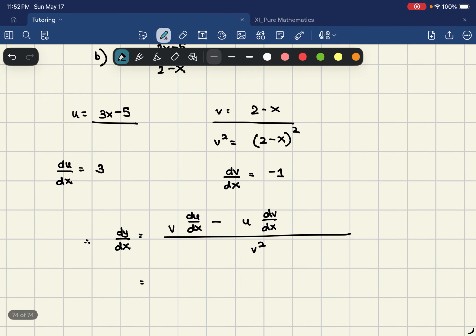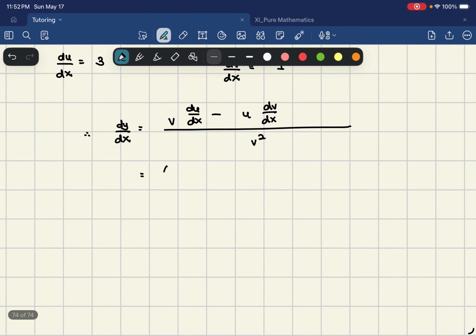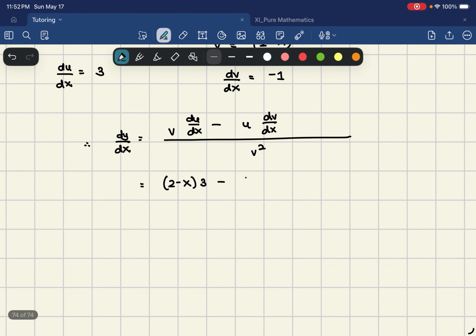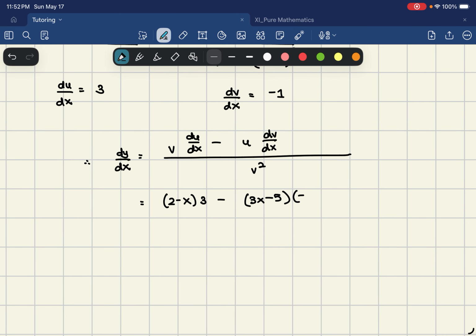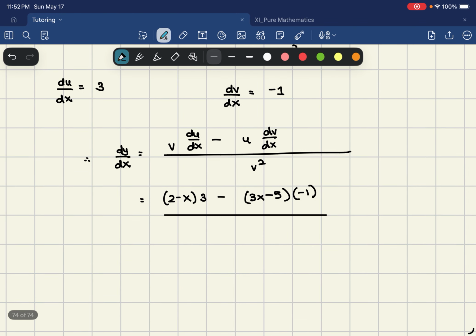This is a formula that you want to remember. And v is 2 minus x, du by dx is 3, minus u, which is 3x minus 5, times dv by dx, which is minus 1, divided by v squared, which is 2 minus x squared.